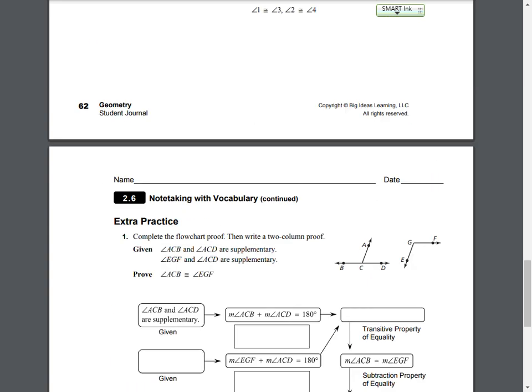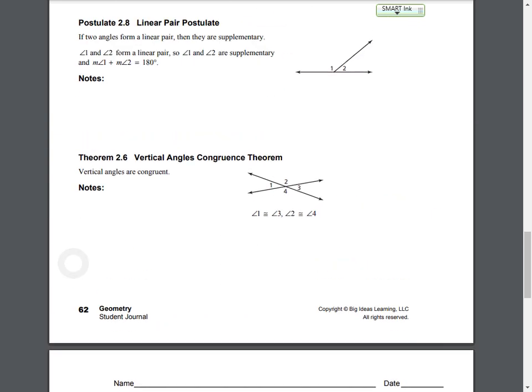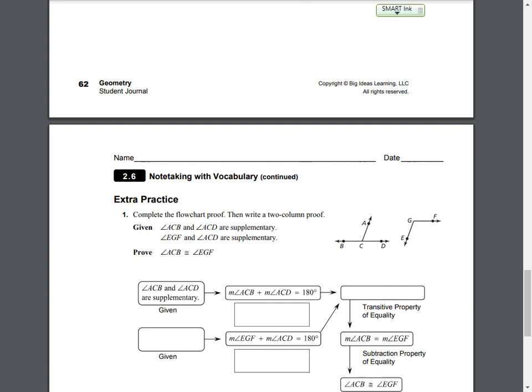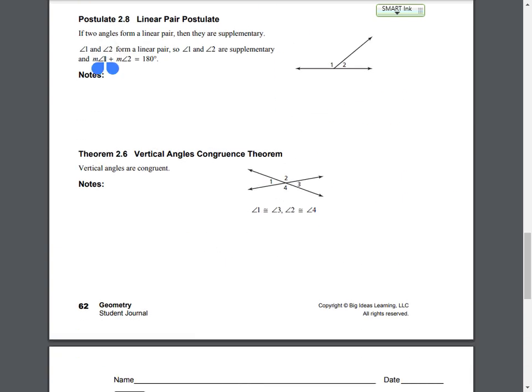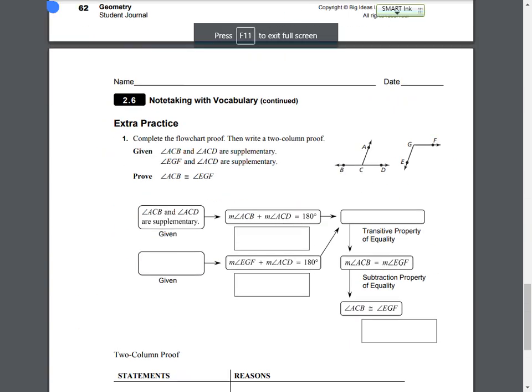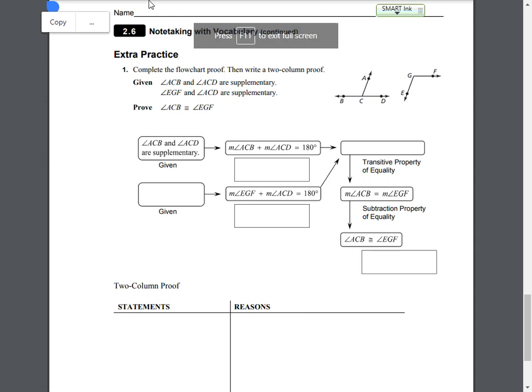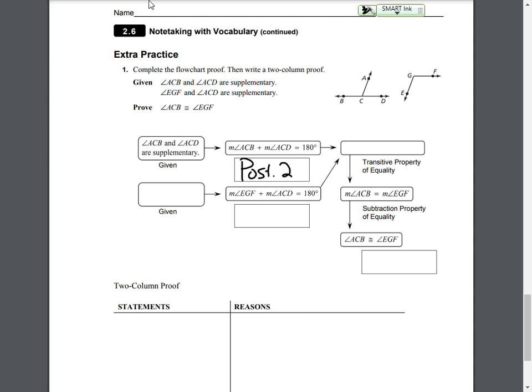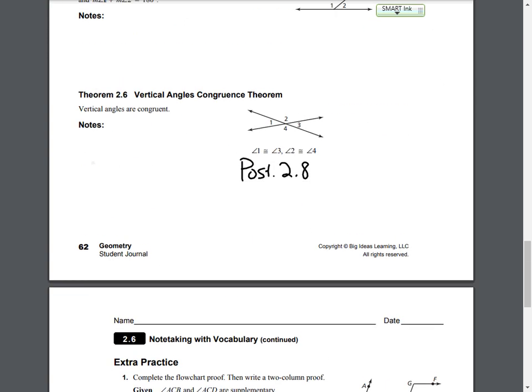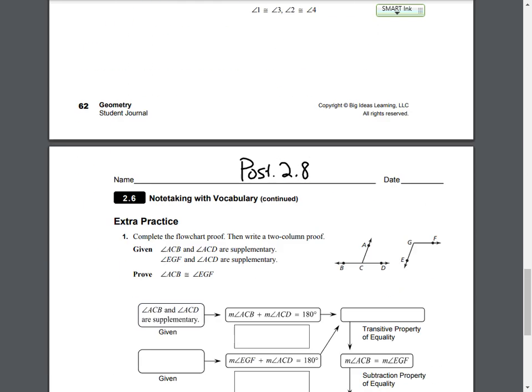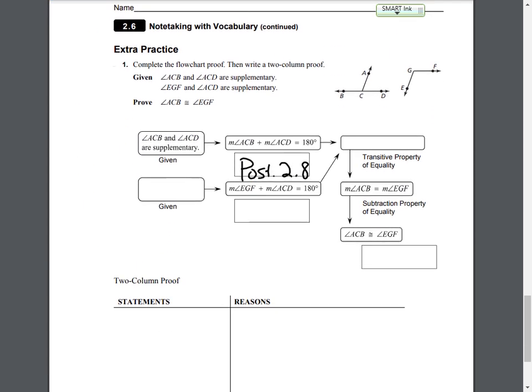All right, what is that? That is our linear pair postulate, right? Postulate 2.8. Okay, so what we can say here, postulate 2.8. You could also say linear pair postulate.